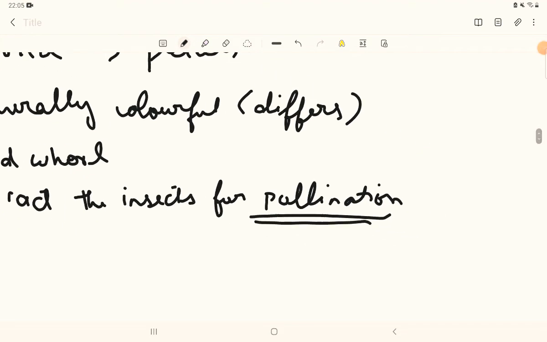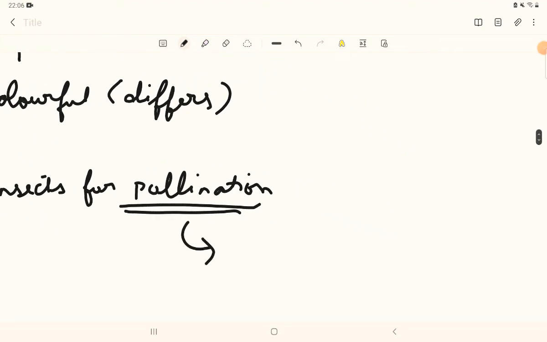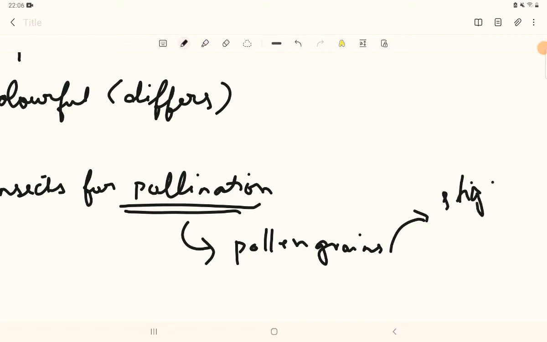Now don't ask what is pollination. Pollination is the process of bringing pollen grains near the stigma. Near what? Stigma.